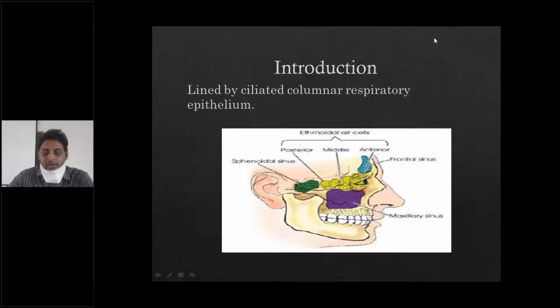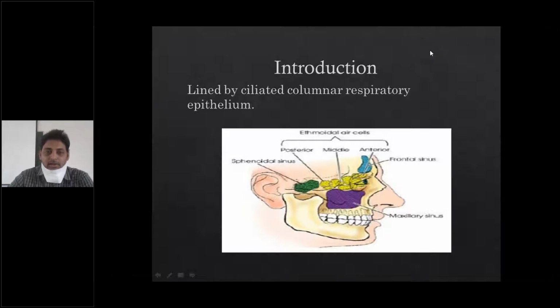Coming to the development of the paranasal sinuses, these are just outpouchings of the mucosa of the nasal cavity. So obviously these are lined by the same epithelium as the nasal cavity and lower respiratory tract, which is ciliated pseudostratified columnar respiratory epithelium.